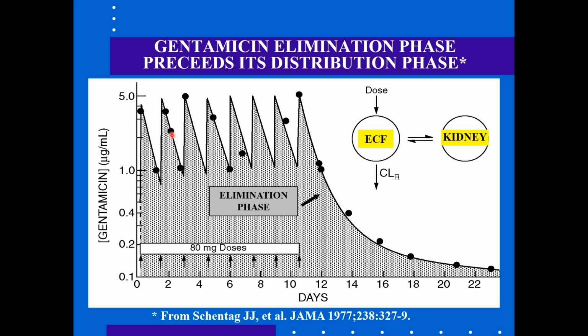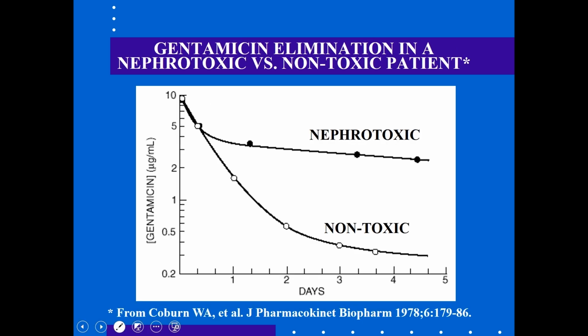If you measure concentrations after the drug dosing is stopped, though, you see a prolonged distribution phase. So here we have drug elimination phase preceding drug distribution phase. That's very unusual. The distribution phase actually represents distribution of gentamicin primarily from extracellular fluid space to the kidneys.